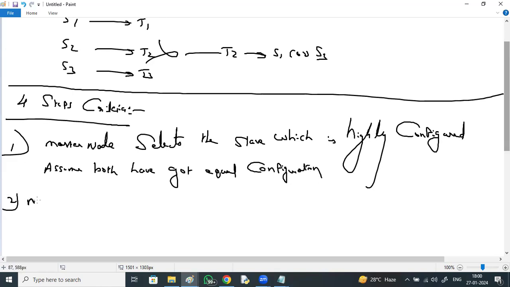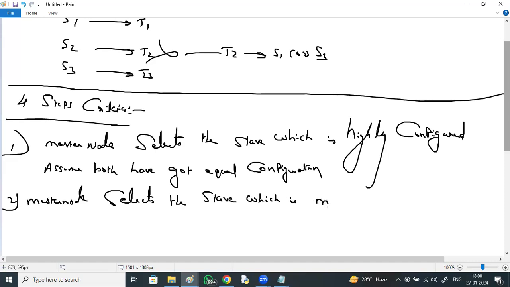Then the master node selects the slave which is more idle. More idle means more free.